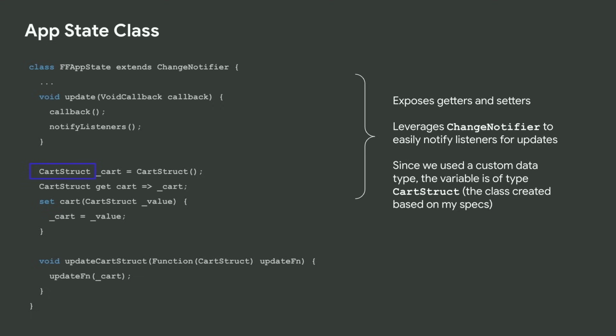The way FlutterFlow handles app state is we have one FlutterFlow app state class, FFAppState, which extends ChangeNotifier. Essentially, it exposes some getters and setters for the different app state variables. And like I mentioned before, we're using this custom data type, which you can see over here. I won't show the definition, but this is its own class that's stored in your code base as well.